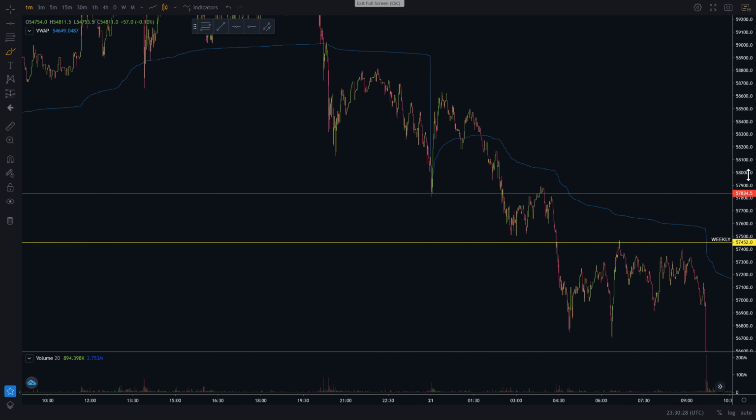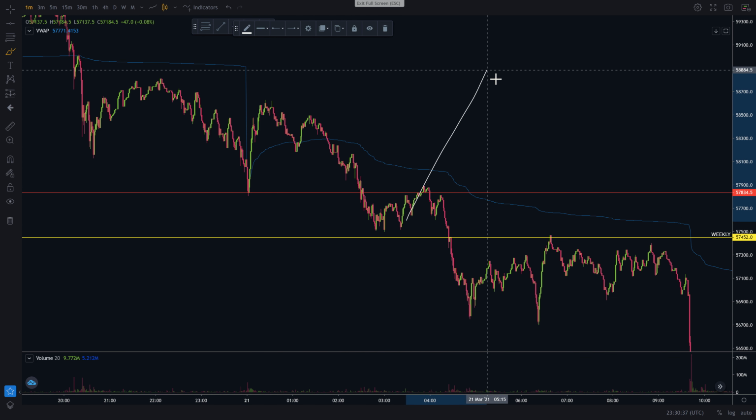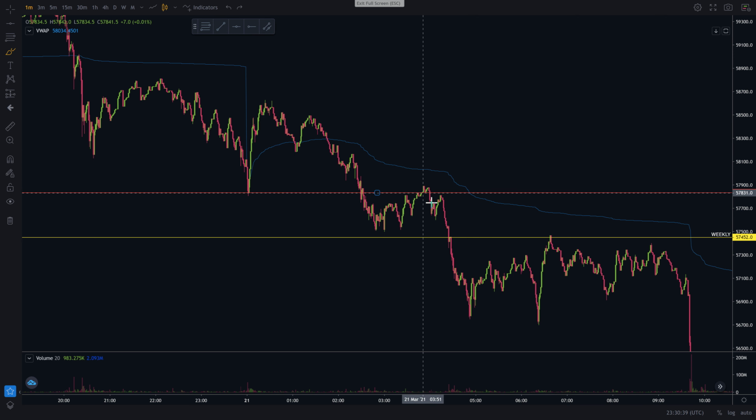When you see something like this in a downtrend, this is your confirmation you are in a downtrend, because you cannot go above these lines and make a higher high, and you are stopping there. That's your confirmation of downtrend.